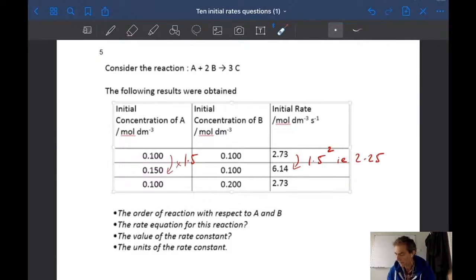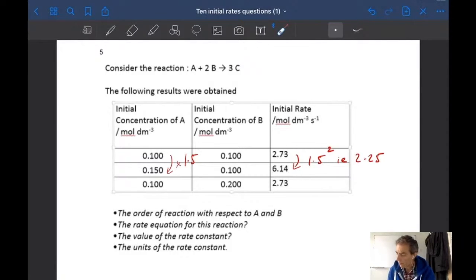So one thing you can do, there are only 3 orders you need to worry about: 0 order, first order and second order. So you ask yourself, that's changed by a factor of 1.5, so it's either going to go up 1.5 to the power 0, in other words it's going to go up 1 times and therefore stay the same. Well, it hasn't done that.